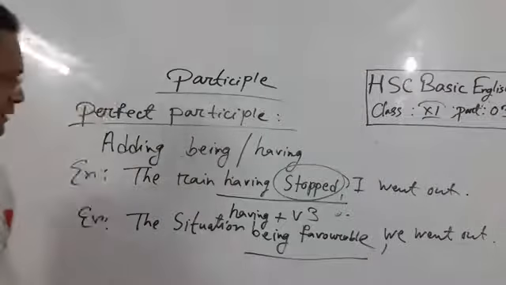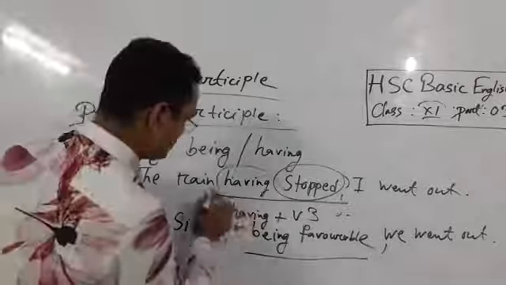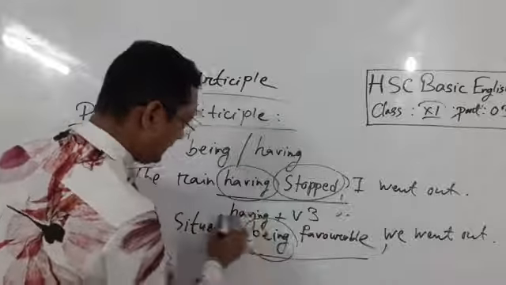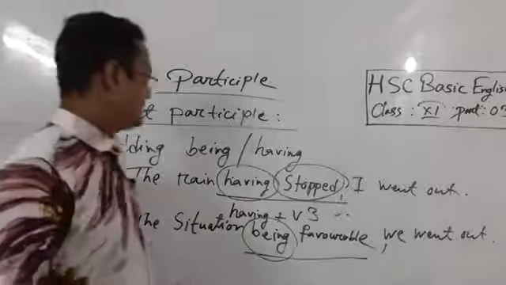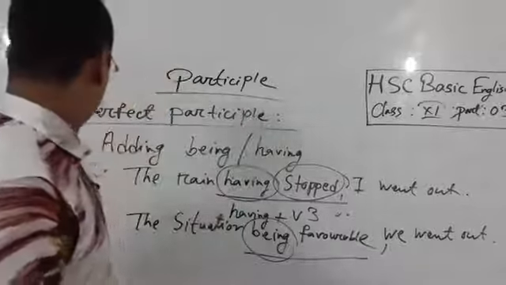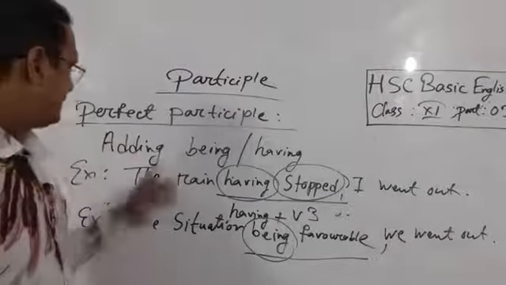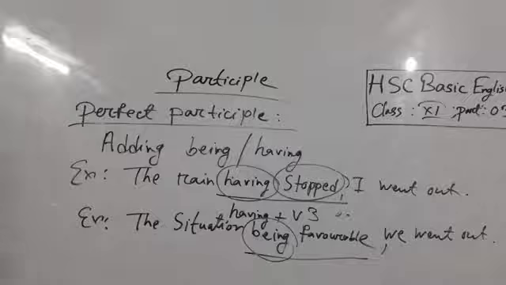Here you see the use of having and the use of being. So, students, these are the participles: present, past, and perfect participle.